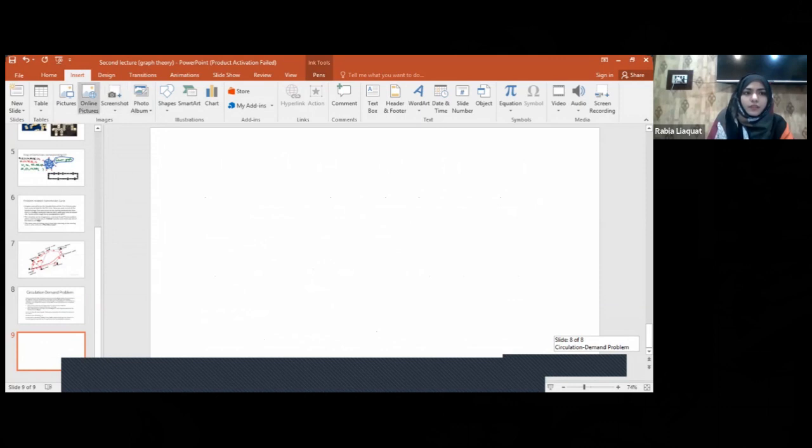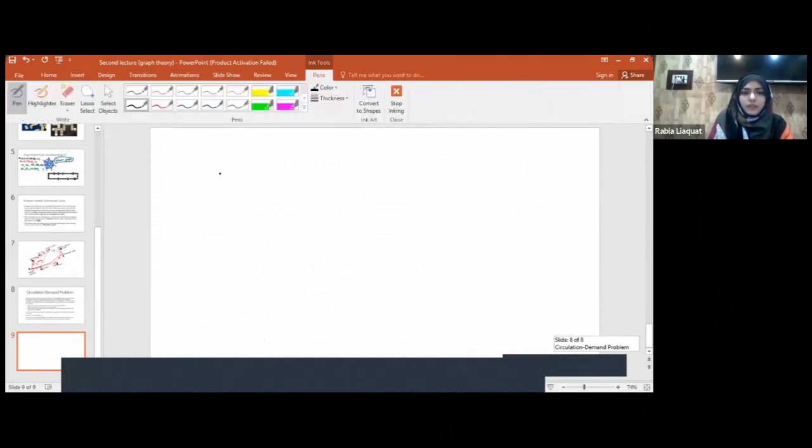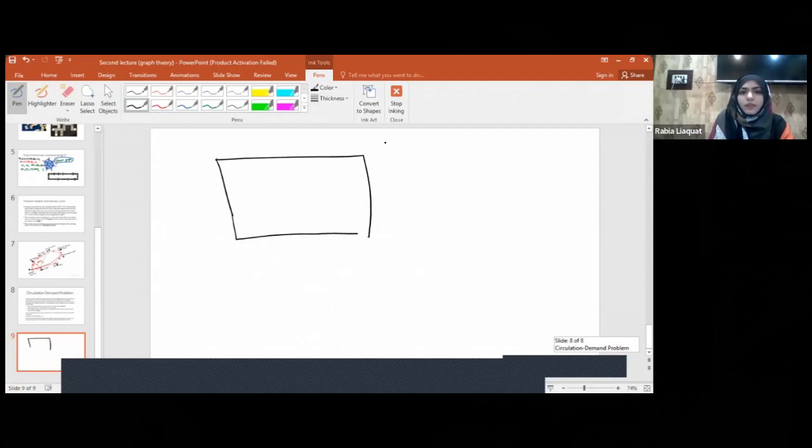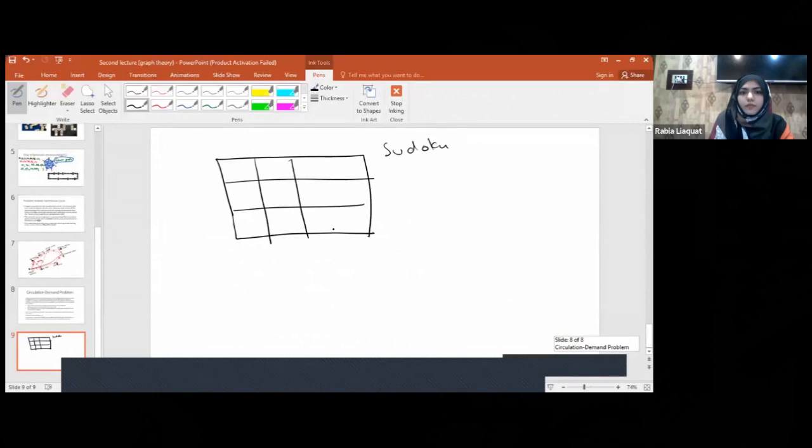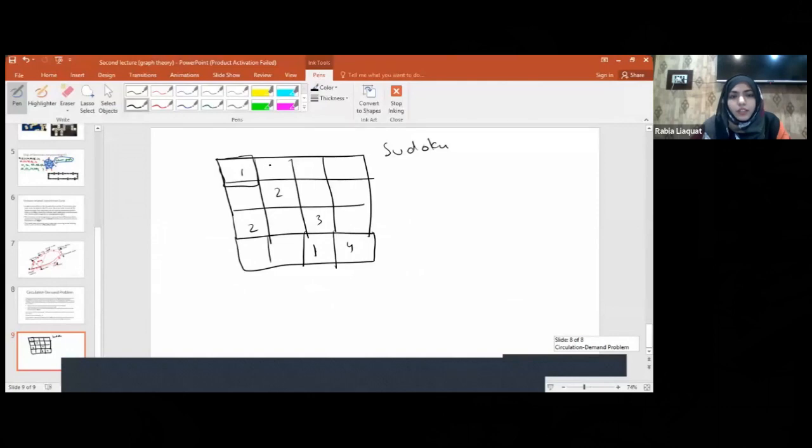I have a Sudoku game. In the Sudoku game, we have blocks where we solve it with only one.